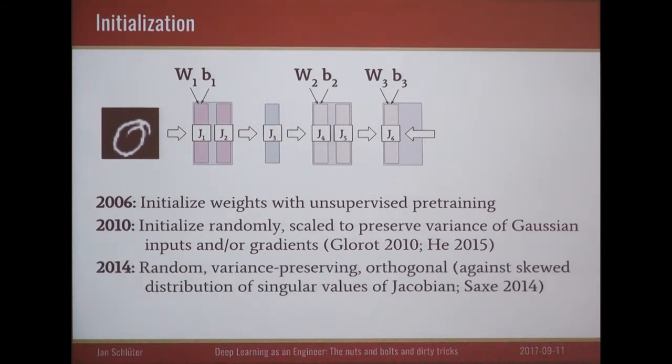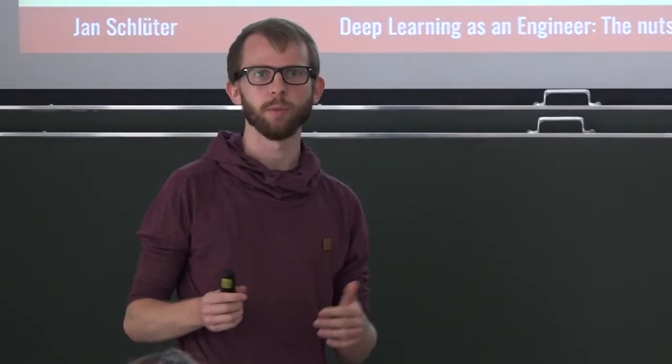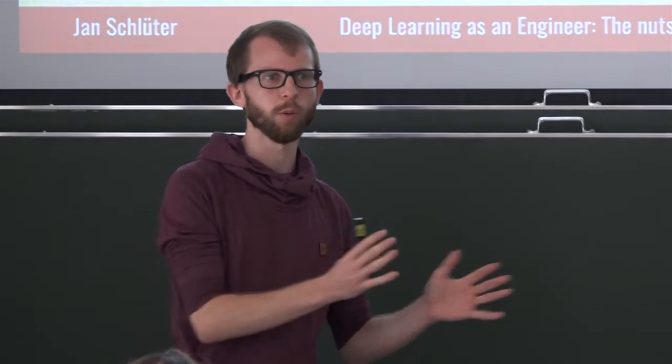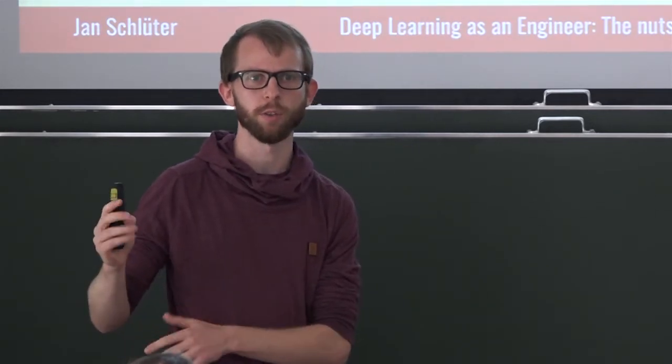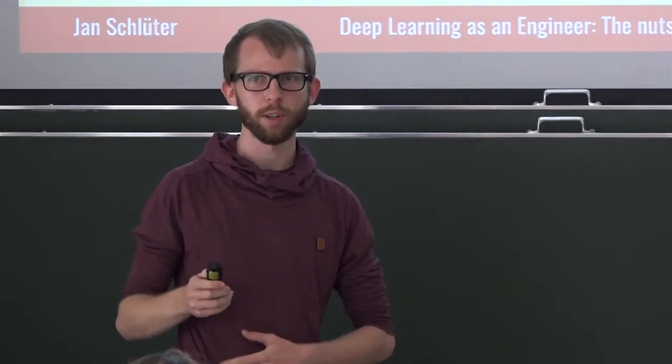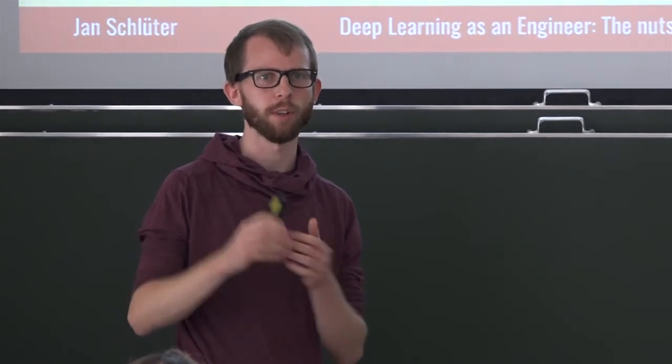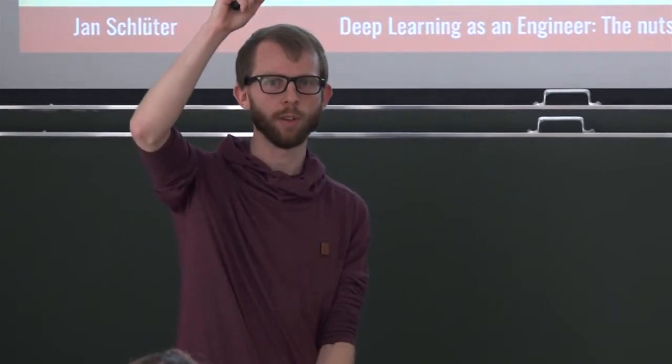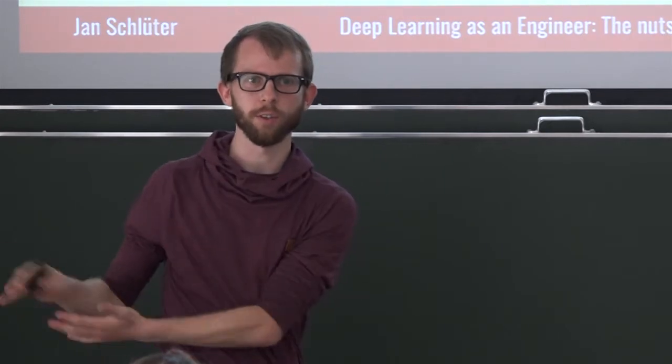Then in 2014, Saxe figured out, okay, this kind of works, but if you look at the singular values of the Jacobians you get by this, while the multiplication by the Jacobian preserves the variance overall, there are very few values that are very large, and all the others are very small.